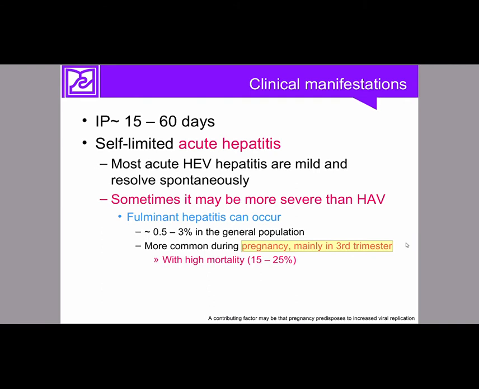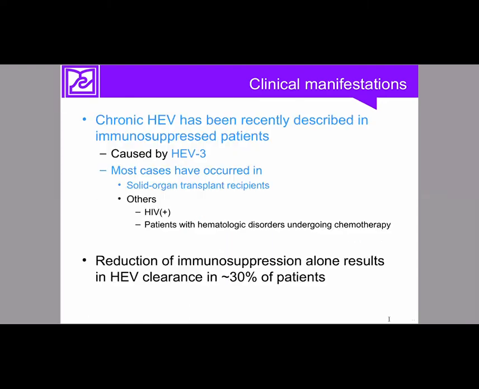We don't know why, but pregnant women have a higher risk of developing a fulminant hepatitis. The mortality is very high in pregnant women. This is a difference with hepatitis A. Maybe because in pregnant women, the virus is replicating more, but we don't know why.